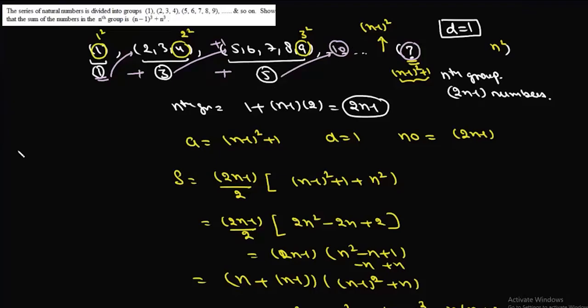So this first term will be 1 plus 3 plus 5 up to the n minus 1th group. So you'll have n minus 1 terms plus 1. Now we know that the sum of first n odd natural numbers is n square. Here we have n minus 1 terms. So there will be n minus 1 whole square plus 1. So that is another way of finding this first term, which again is n minus 1 whole square plus 1.